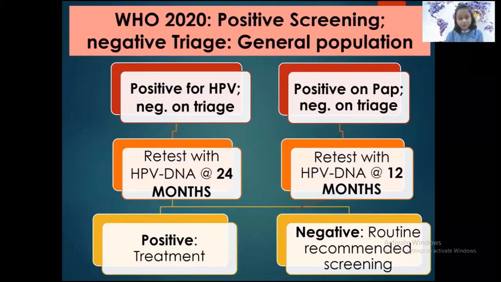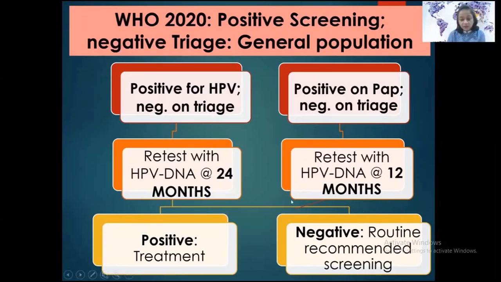So what is to be done if a positive screening result is there, but the triage test is negative? WHO says retesting with HPV DNA has to be done. If HPV was the primary screening test, then retesting has to be done after 24 months. If cytology was the primary screening test, then retesting has to be done at a 12 month interval.